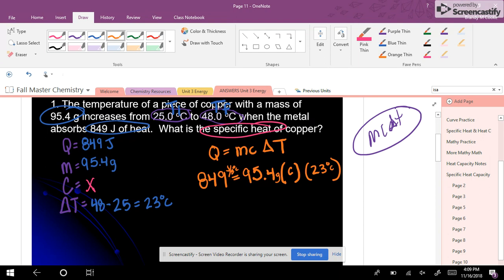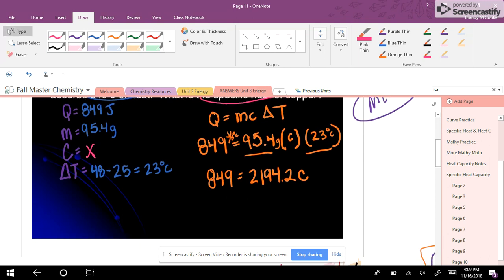Okay, and now to solve for C, I can multiply 95.4 times 23. Let me grab my calculator real quick. So 95.4 times 23 equals 2,194.2. So I have 849 equals 2,194.2 times C. And to get C by itself, hopefully we just divide both sides by that 2,194.2.